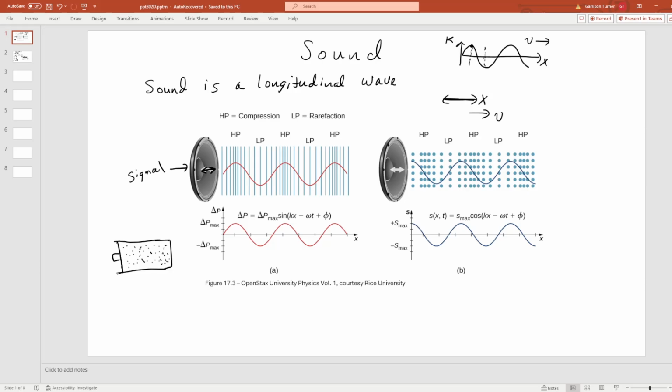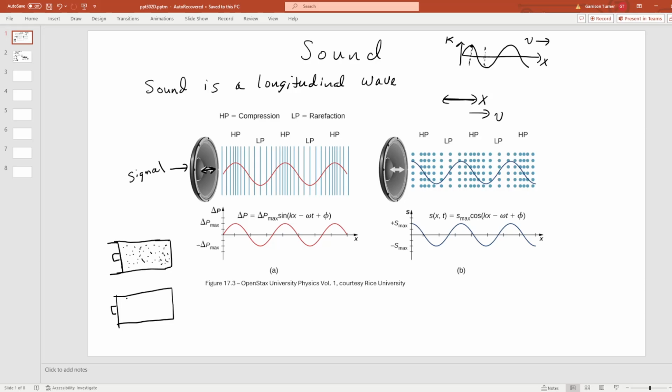And if I immediately pull the plunger back, instantaneously the molecules won't have time to respond to the increased volume.